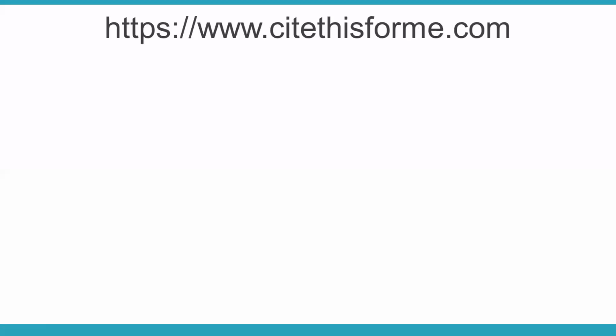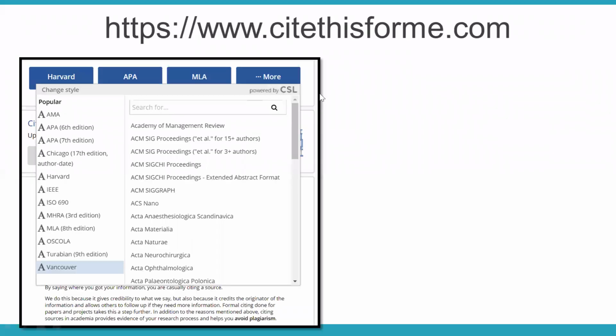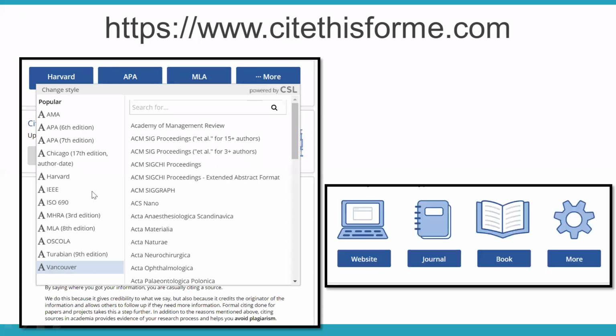Another site is Cite This For Me, where they have many other options, even Vancouver style, Harvard style as well. So this will be helpful for medical journals. They even have options for website, journal, book, and more.